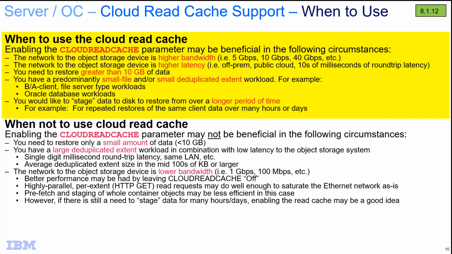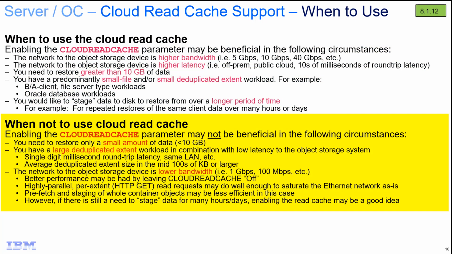And we see these types of workloads with a backup archive client, with file server type workloads, or with Oracle database workloads. You might also want to use this cloud read cache if you want to stage that data to the accelerator cache for an extended period of time so that you could do repeated restores for the same client over numerous hours or days.